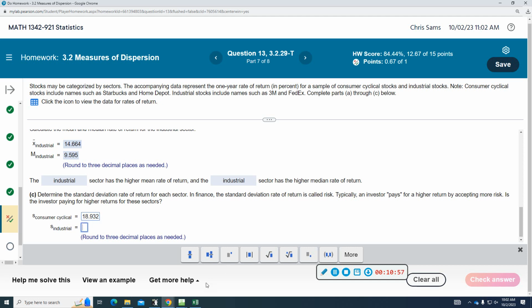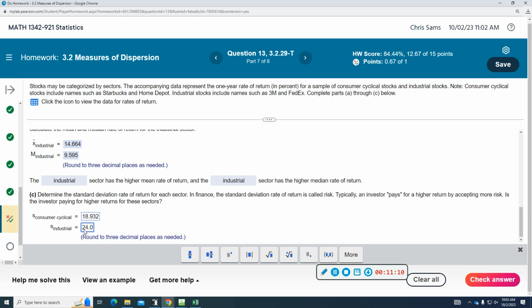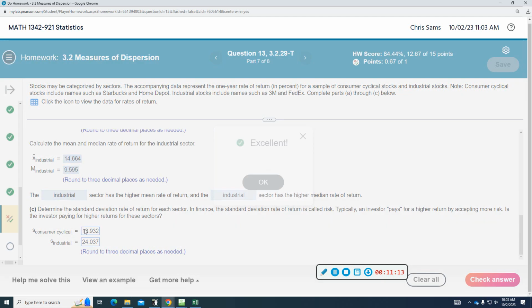And then for standard deviation for industrial, 24.037. Okay, they want the sample. That's the norm.